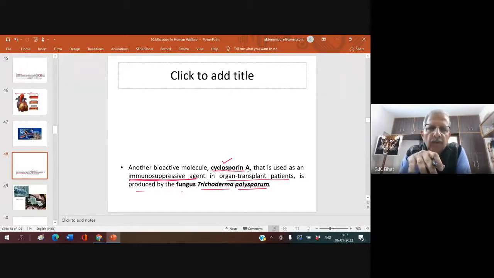You know, generally, if we want to transplant a kidney, now there is a patient who has a problem with his kidney, and doctors may say that he will not survive unless his defective kidney is replaced with the normal kidney of a donor.